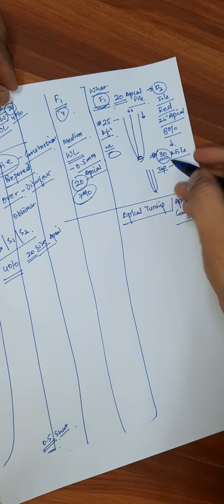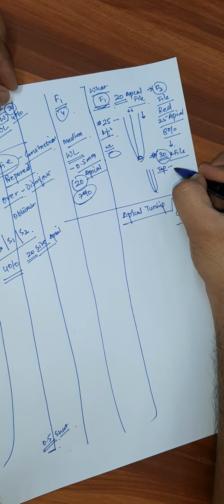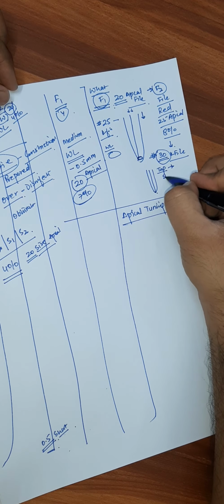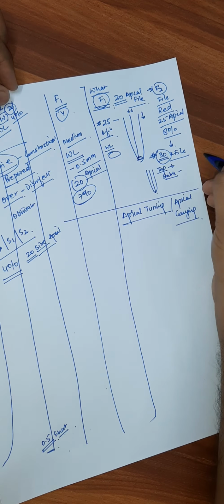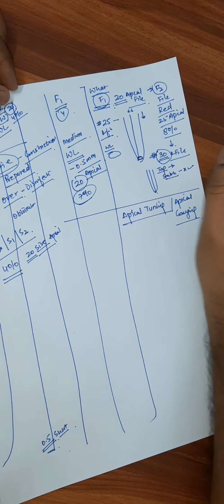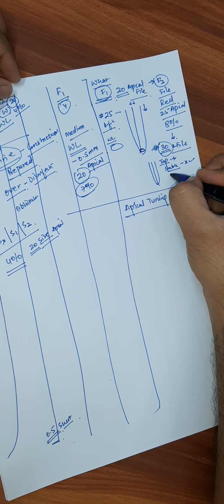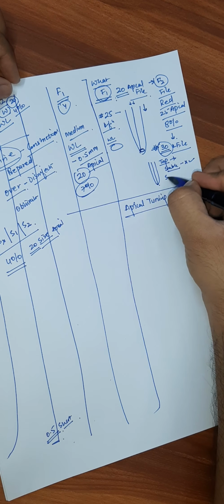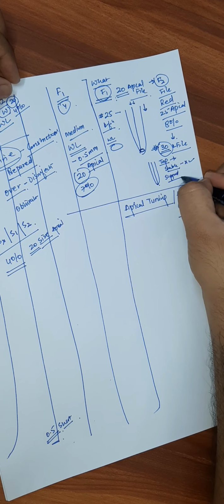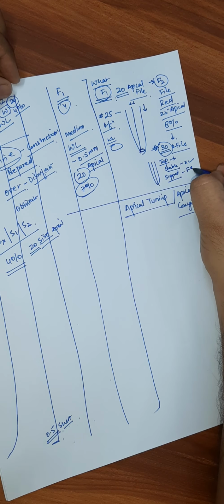If it is stable, your preparation is over. Do not go anywhere. But if you feel that your file has slipped, then move on to your F3.